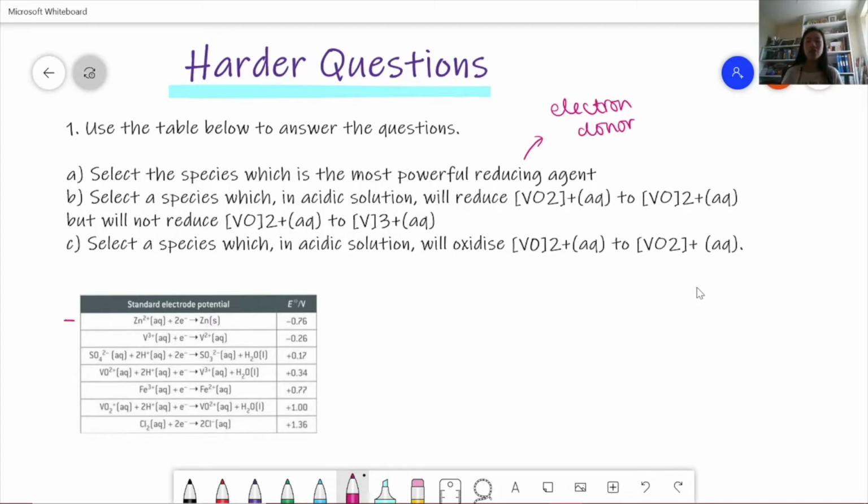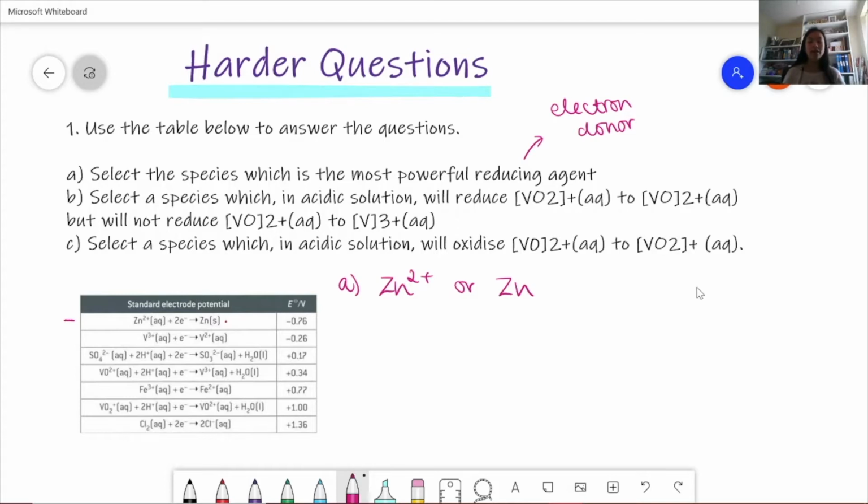And now we have to choose between Zn2+ or the zinc. And now we think which one is actually losing the electrons and which one is gaining the electrons. So Zn2+ has to gain electrons to form Zn, like this equation here.